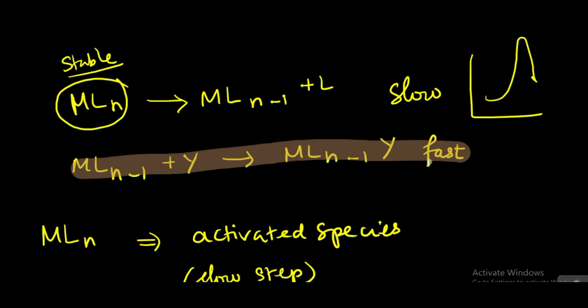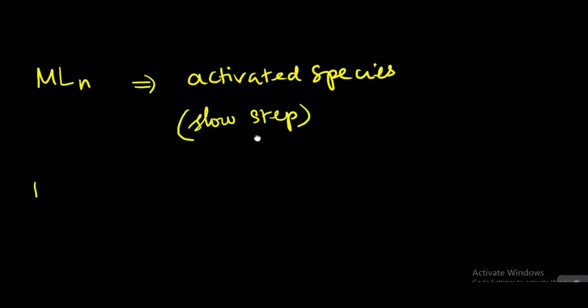The rate of the overall reaction depends on MLn only, because the dissociation step involves the dissociation of the ligand. It is slow. As soon as the activated complex is formed, the incoming nucleophilic ligand can easily attack the activated species.